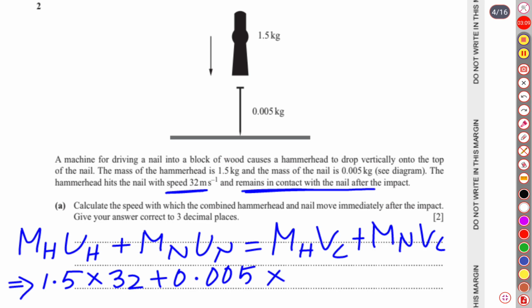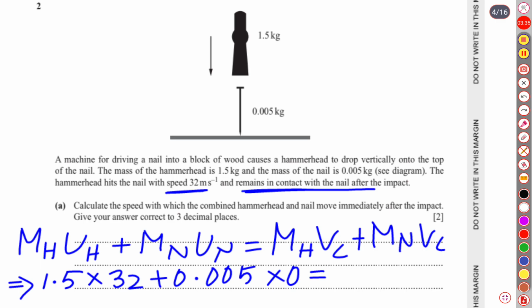Look at this, the nail is definitely at rest. The hammerhead hits the nail and remains in contact. So the initial velocity of the nail before collision was 0.